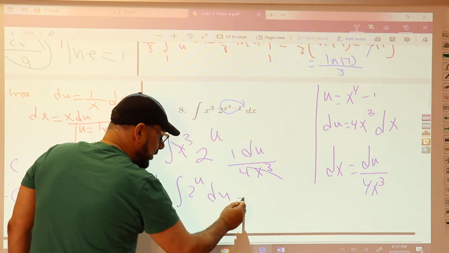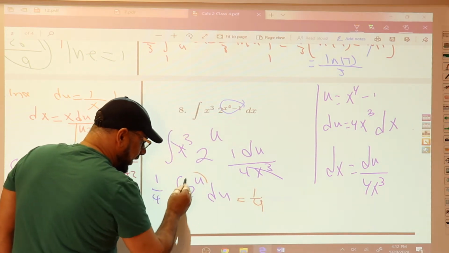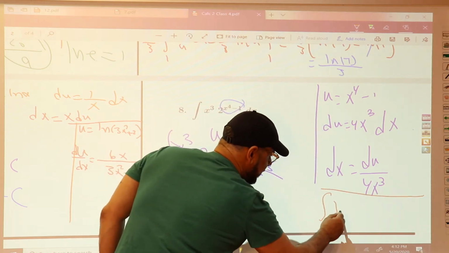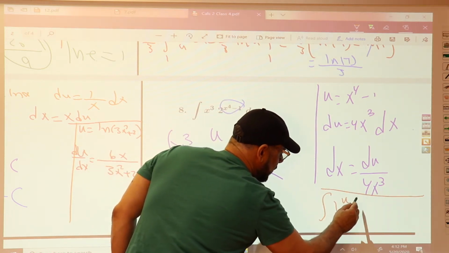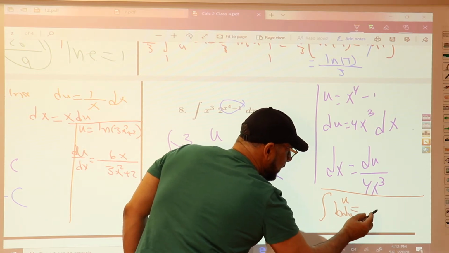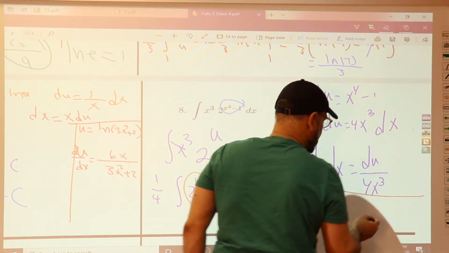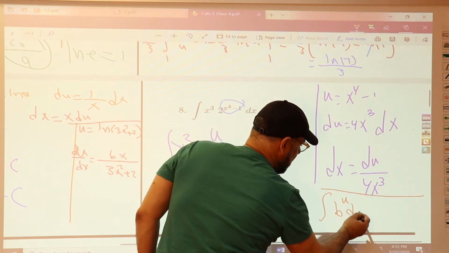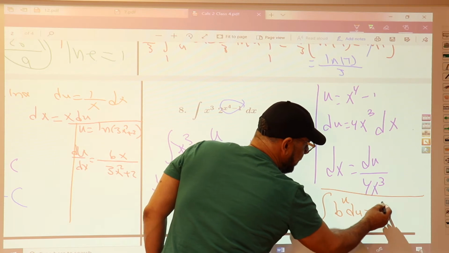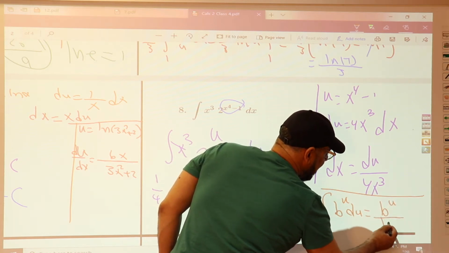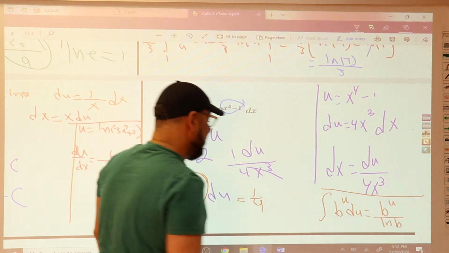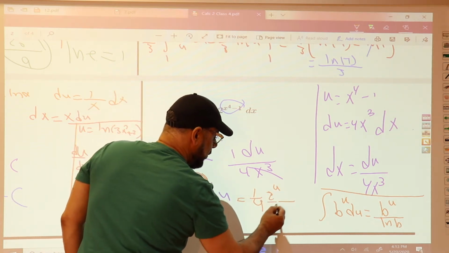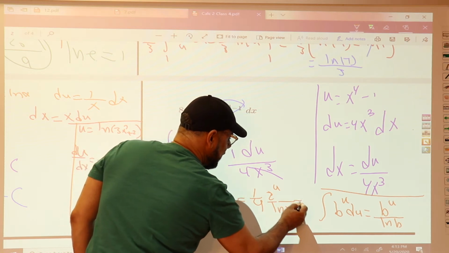Look at 1/4, the integration of b to the u du equal b to the u over ln b. Then 2 to the u over ln 2 plus c.